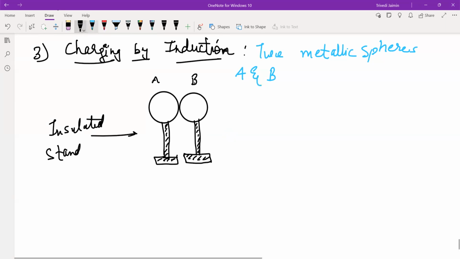Why insulated? So that it won't be affecting our process, whatever we are doing. And bring them together.